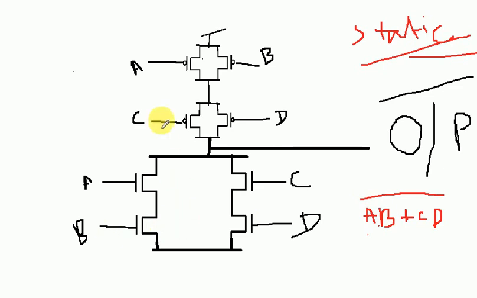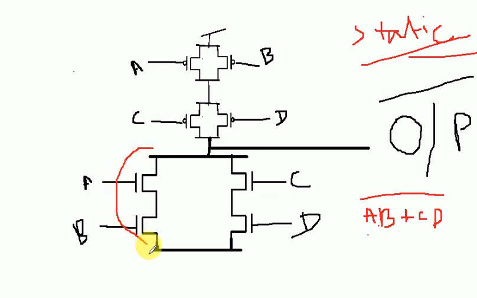Now the upper side. What will happen in the PMOS area? NMOS is used here. Now what is PMOS? PMOS is nothing but the dual. Just break these two things. There is a parallel connection, so here must be series connection.